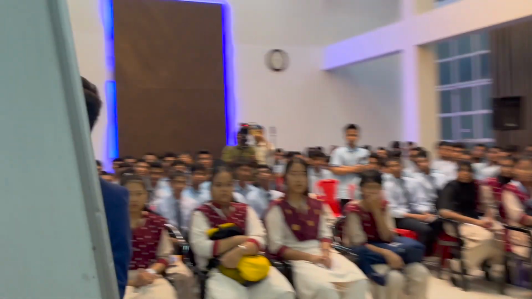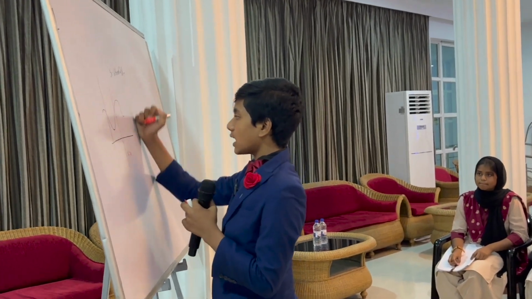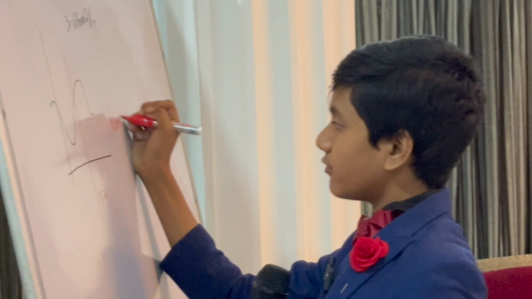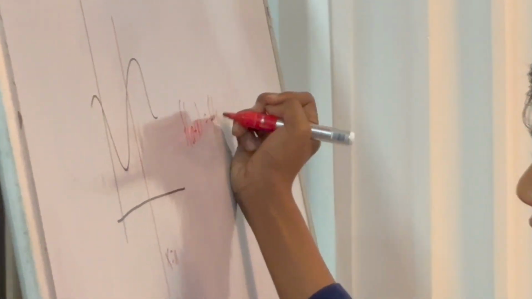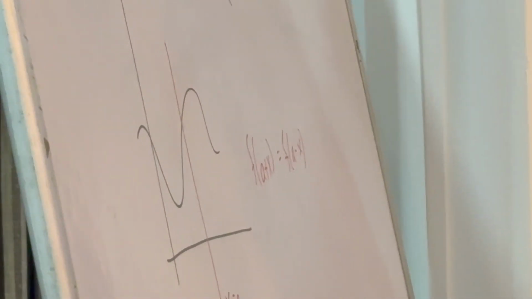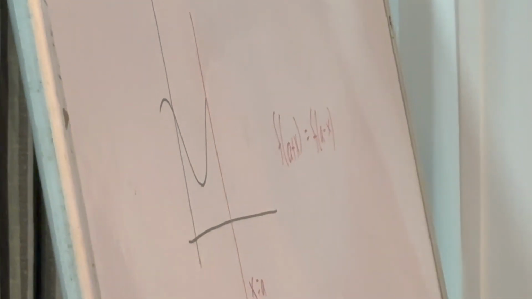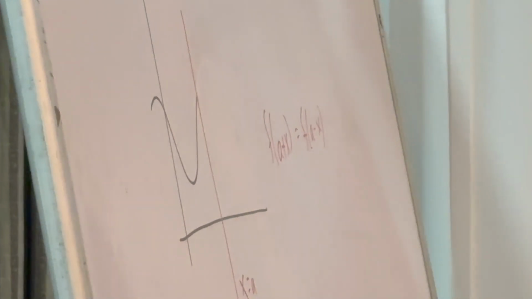So that means that f of a plus x is equal to f of a minus x. And now we are asking whether the second and third derivatives will also be symmetric about this line. So, okay, actually this is not an accurate drawing since it should be symmetric, of course.